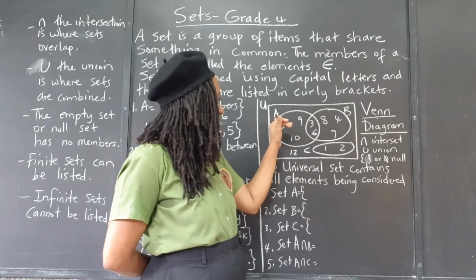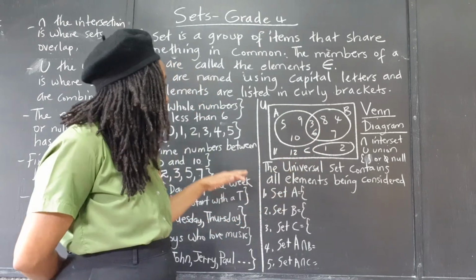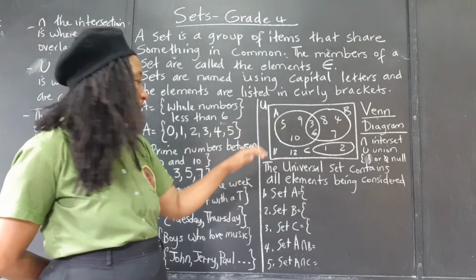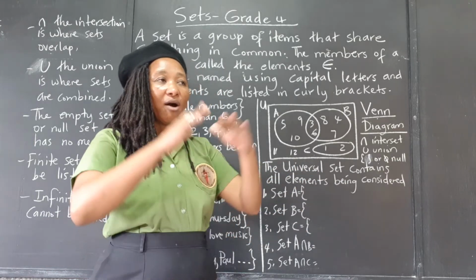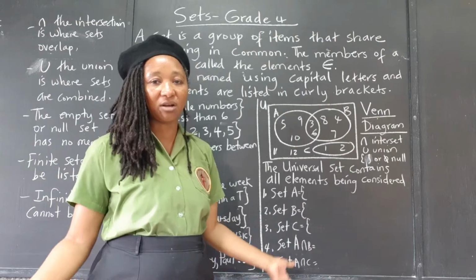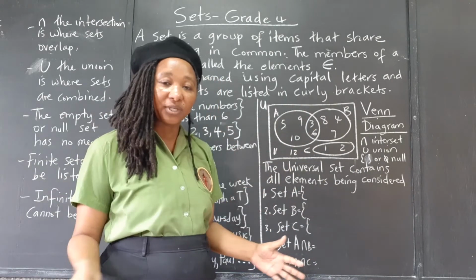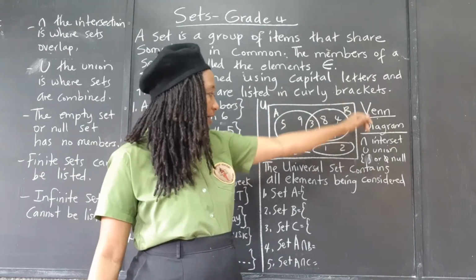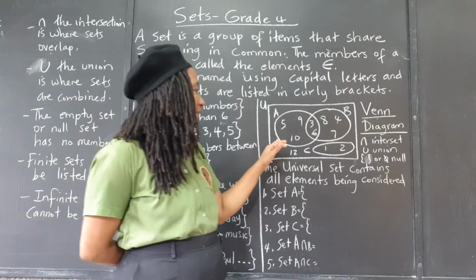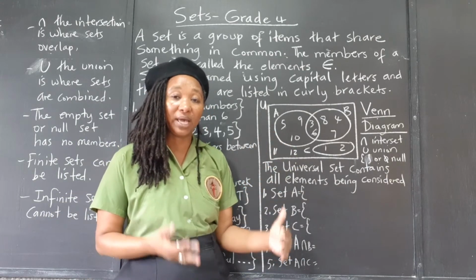So this is set A, set B, set C. We put a U up here to represent the universal set. So the universal set are all the elements that are being considered for this activity. Everybody who is being considered comes under the universal set in the rectangle. But each set is defined in a particular way.